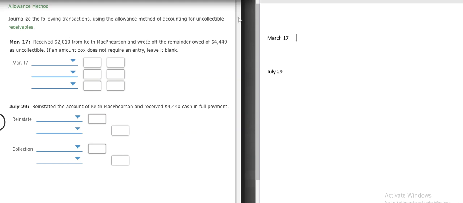This is the amount that Keith is not paying. Actually, let me just do the 2010 first. I'm going to debit cash for the amount that he is paying, 2010, and then I'm going to credit account receivable, because that's the amount that we did collect. But now I need to do the other entry where the amount that I'm not collecting, I need to reduce the bucket called allowance for doubtful accounts.